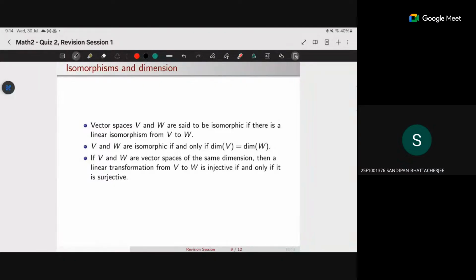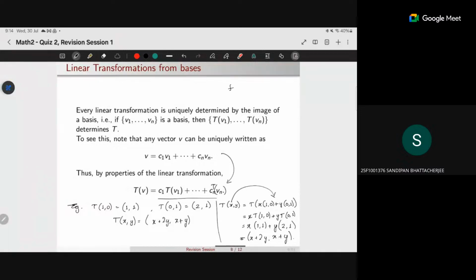Suppose your function is f of x is equal to x square. Now you don't know that this is the function, but you are just given a set of points, let's say (1, 1), (2, 4), (3, 9). Suppose you are given these three points. You cannot say that this is necessarily coming from this function.